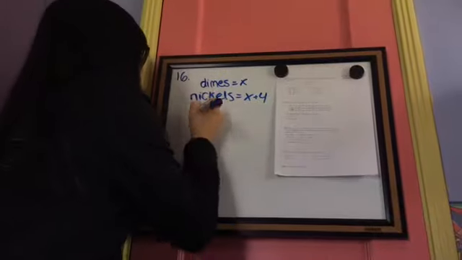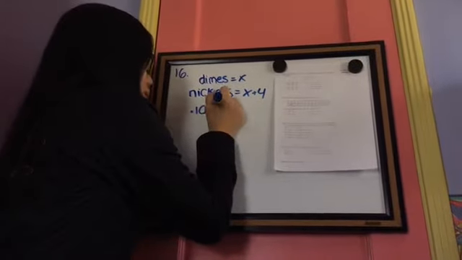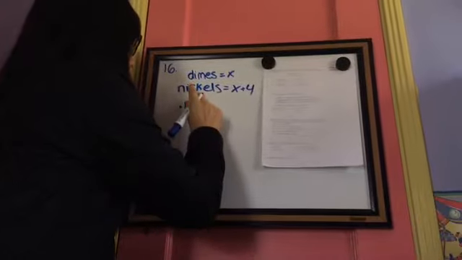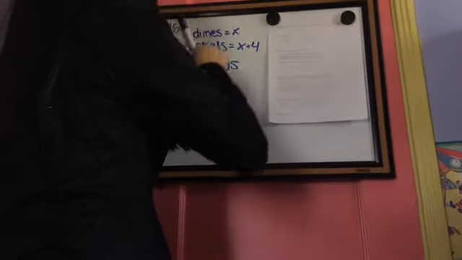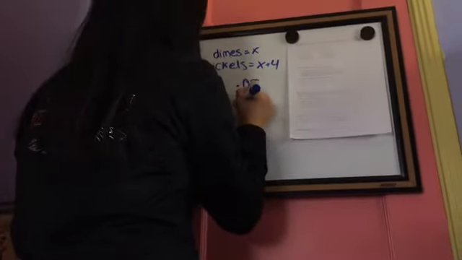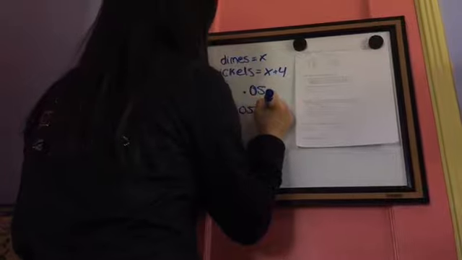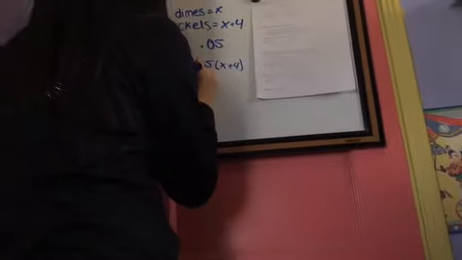And we know that a dime is worth $0.10, so 10 cents, and nickels are worth 5 cents, which is 0.05. And now we just have to put that together. So dimes is 0.10 times x plus his nickels, which is 0.05 times x plus 4, is equal to his total amount, $1.25. And that would be number 2.